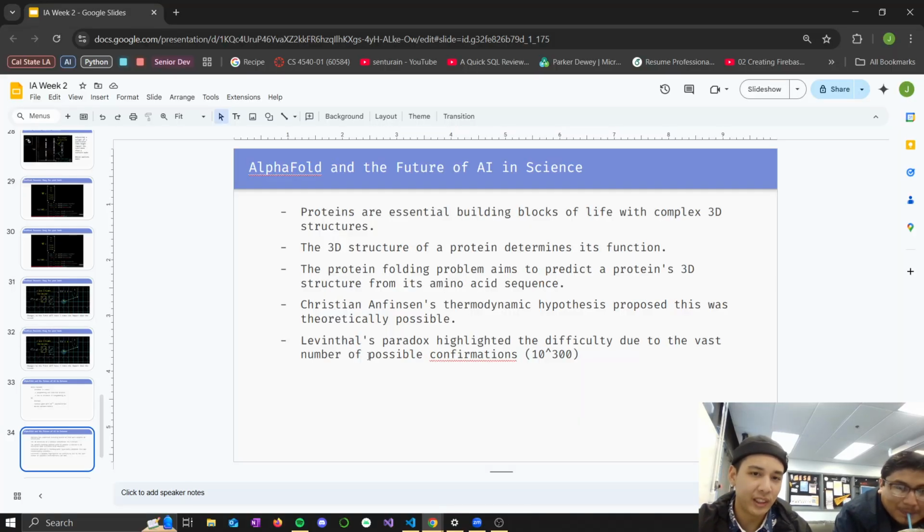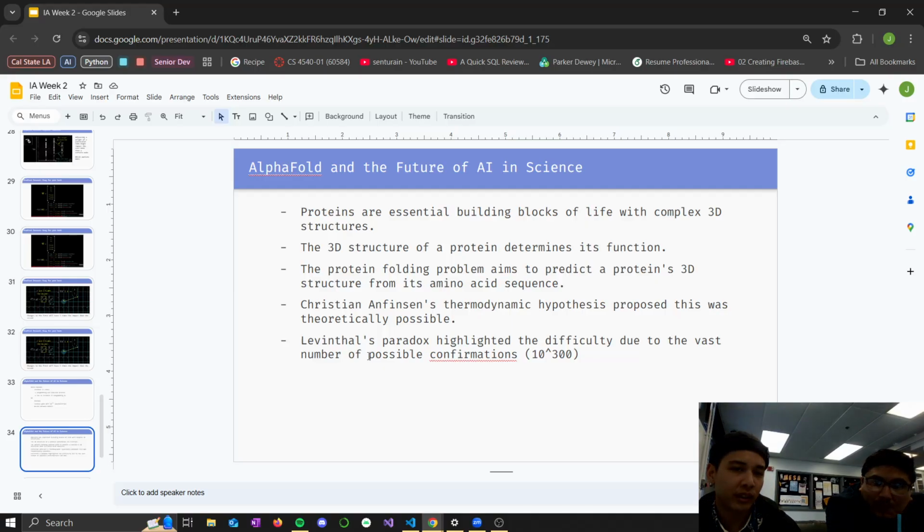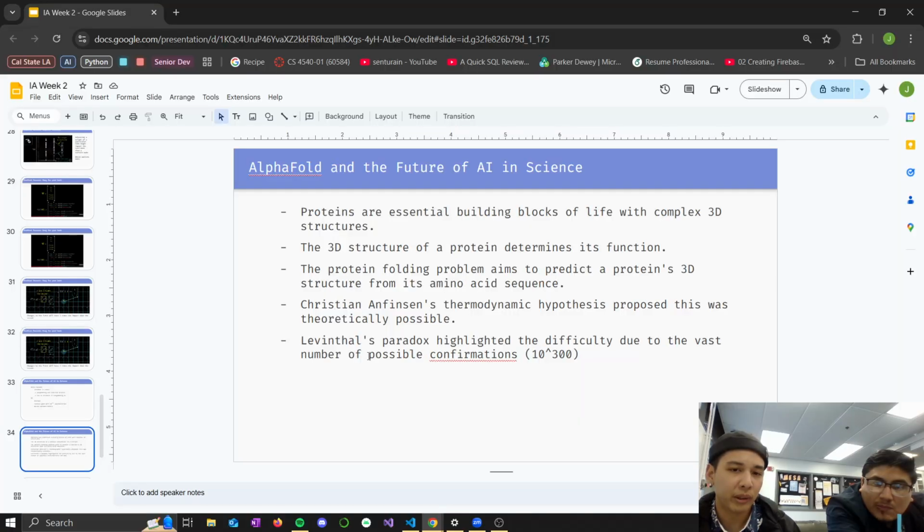So he goes into proteins. They're basically the essential building blocks. It's some biology stuff, and the 3D structure of a protein determines its function, right? So it's similar to trying to predict a digit, or to AlphaGo. The problem here was trying to predict the amino acid sequence, right?